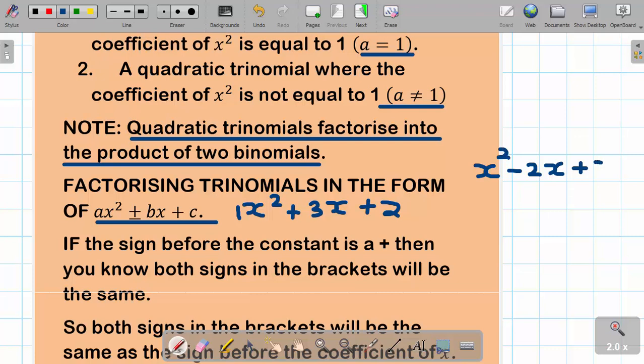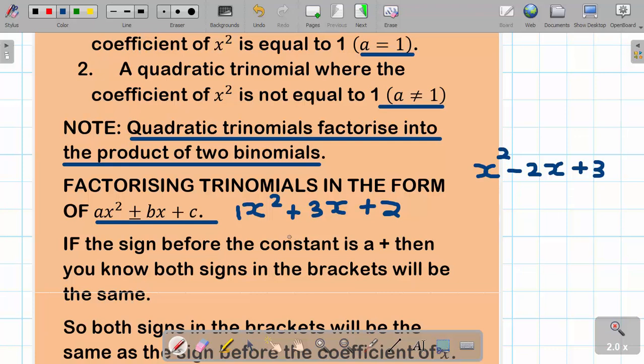So this is also a quadratic trinomial, which they can say factorize. Okay, now this is what we do. Something which is common to these two is that they all have a plus for the constant. The difference is minus and then plus here.